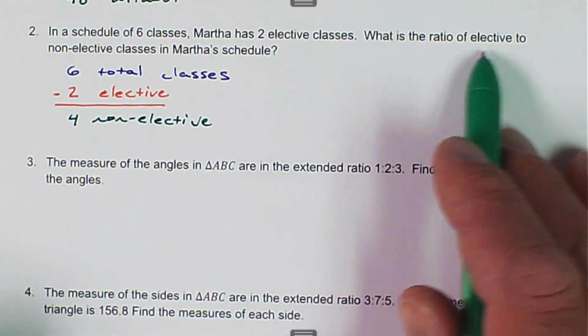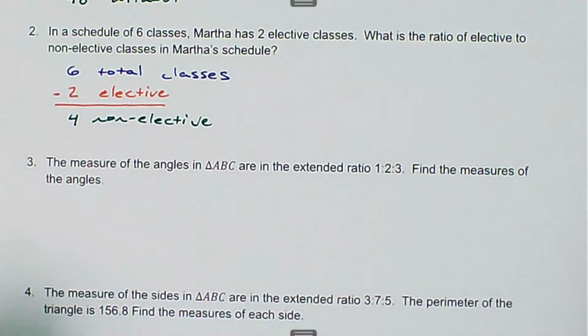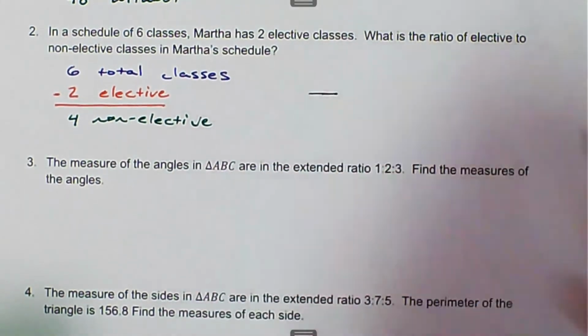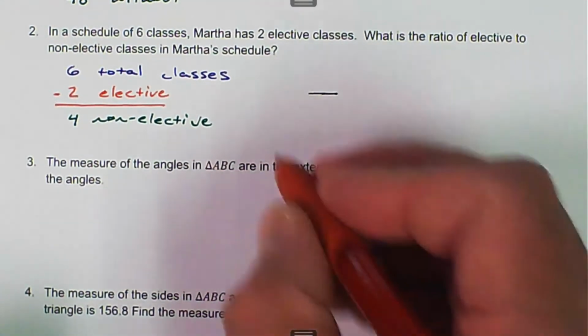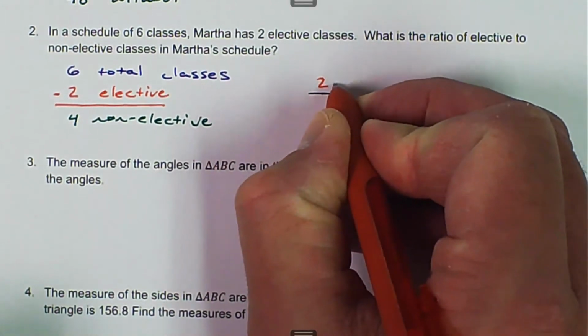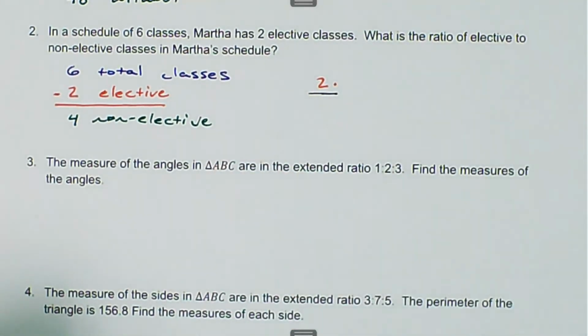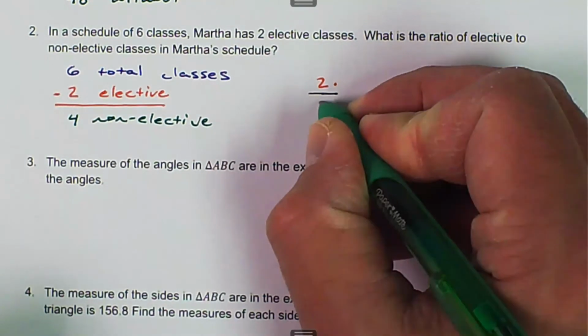So what is the ratio of elective to non-elective? We'll still have our fraction. Elective goes first in the numerator, so 2 elective, and we have 4 non-elective.